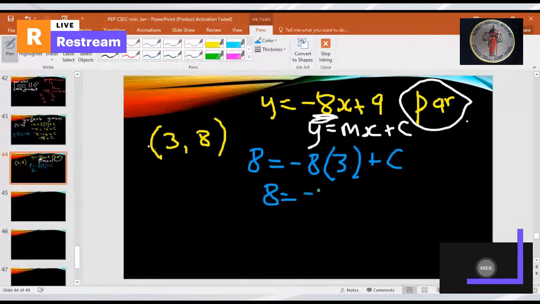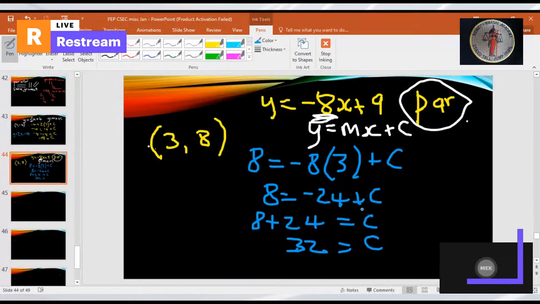Now to transpose or to isolate the c, we're going to add 24 to both sides, or we could say we're moving the -24 across to the left and the sign will change. So we'll have 8 plus 24. 8 plus 24 is 32. c is 32.